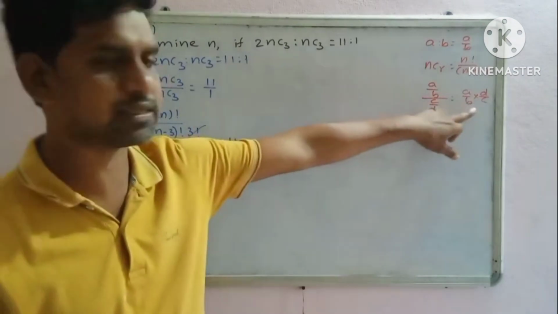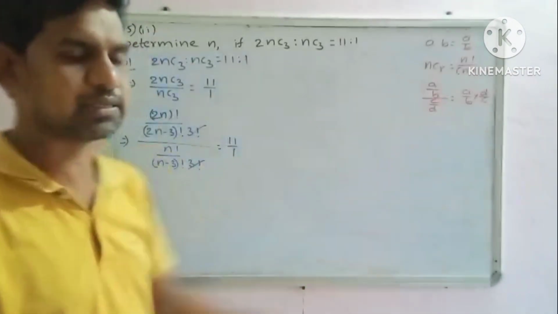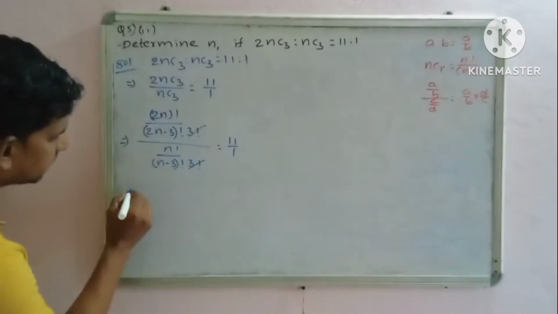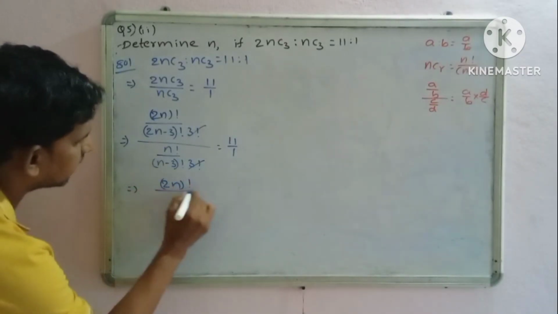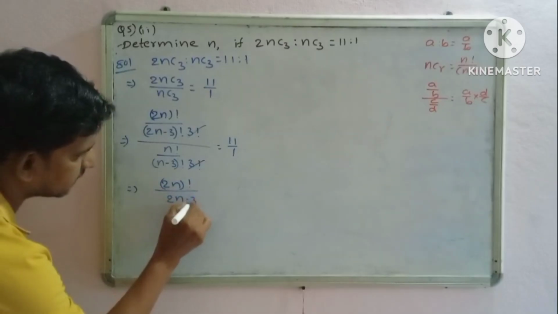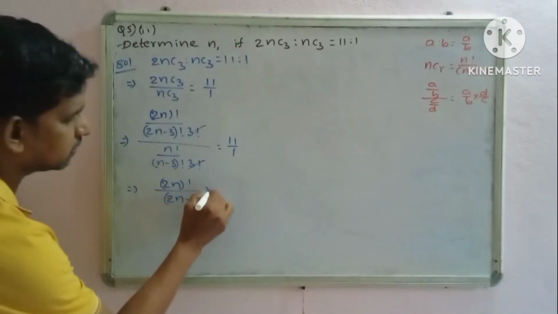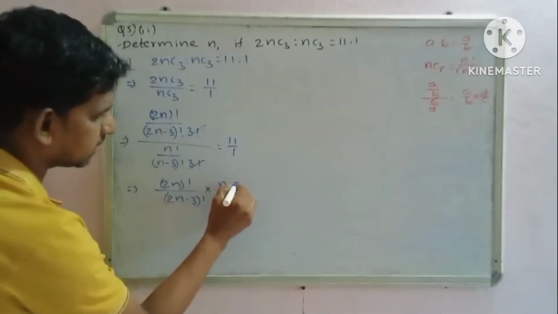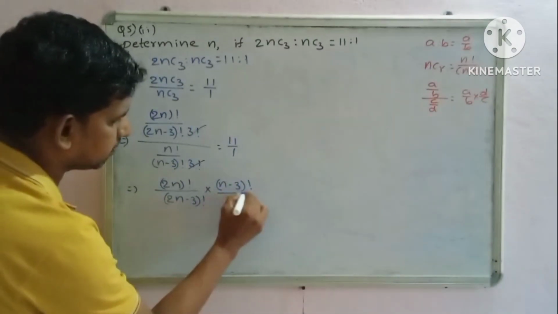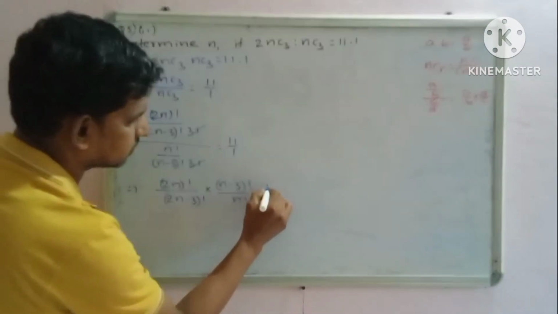A by B by C by D is nothing but A by B into D by C. So this one can be written as 2n factorial by 2n minus 3 factorial into n minus 3 factorial by n factorial equals 11 by 1.